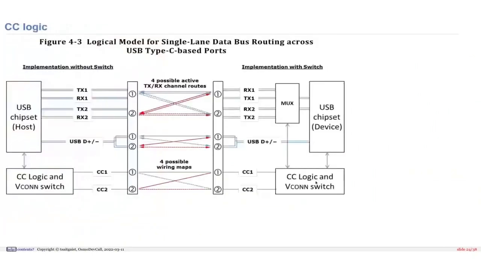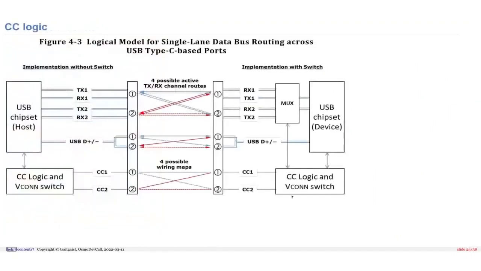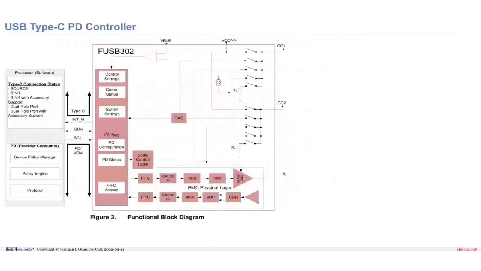So we've seen that we will have a look at this part here, the logic. My device here is only to identify the cable. Once you have a cable, you also need on the device, so not on this one, but on the USB device, you need this CC chip. And we'll have a look at this CC chip. They are called Type-C controller or Type-C power delivery controller.